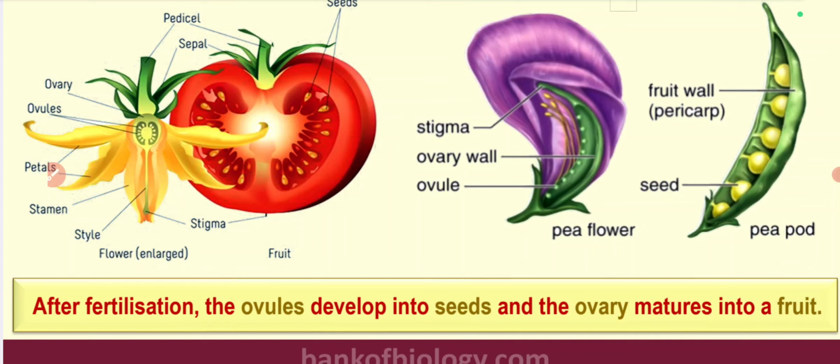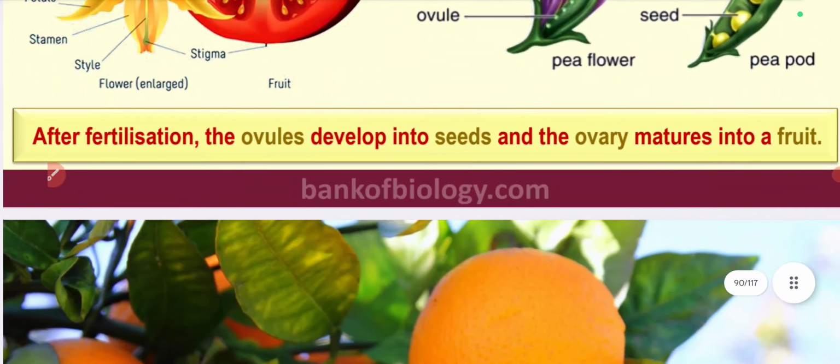And during the development, the other parts of the flower, that is sepals, petals, stigma, style, anther, filament, they all fall off because their work is done. Only the ovary and ovules remain, where the ovules develop into seed and the ovary develops into fruit.